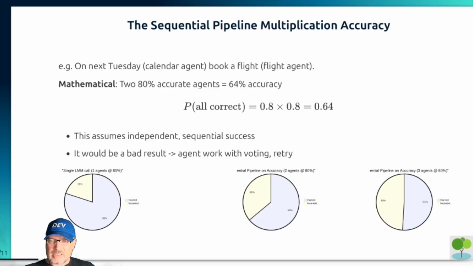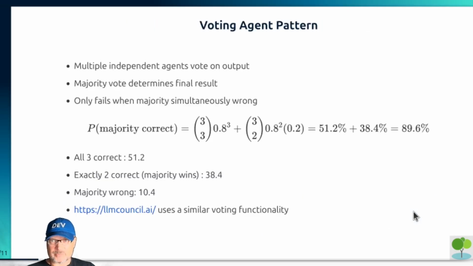You see here in the pie charts below that when there is just one agent with 80% involved, we have an accuracy of 80%. But when there are two in a row, it goes down to 64%, and with three it goes down to 50%. So imagine if you have 100 agents working in sequence, the result most probably is not very satisfying.